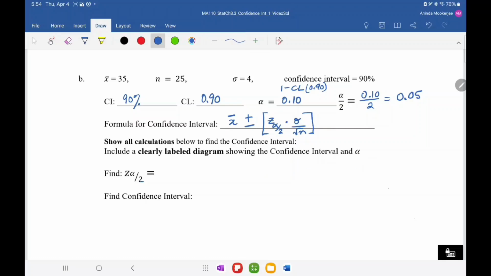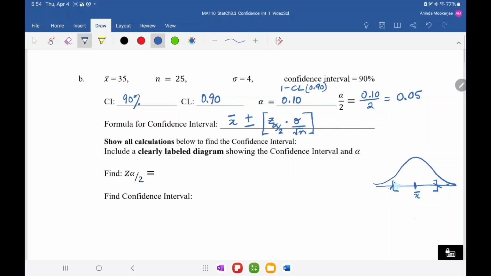So let's do that. I'm going to sketch here the standard normal curve to start with. And then at the center, we have our x bar around which we are going to build our confidence interval. So the endpoints of the interval, let's mark them here. These are going to be the endpoints of the interval. We don't know the actual values yet. That's what we have to find. But we've marked the endpoints, all right?